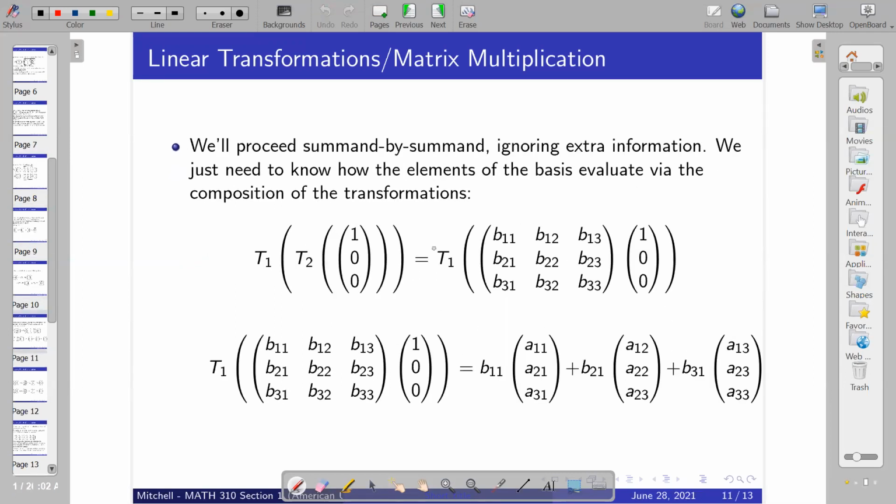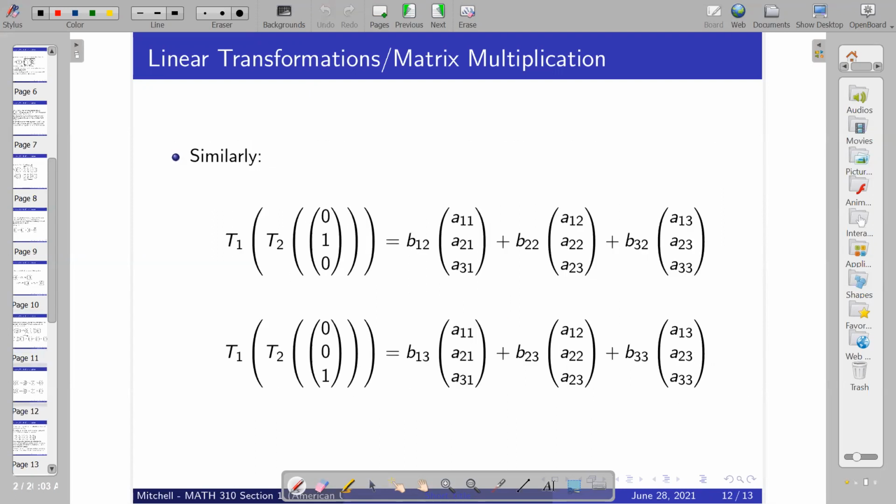So T2 of 1, 0, 0 is just left multiplication by this matrix. You can use the definition of matrix multiplication to eventually convince yourself that this implies this, but again, I don't want to delay too much. Some of these calculations are probably worthwhile to mess around with a bit on your own. So that's T1. Similarly, there's not a lot of difference in the approach, which is why I only did this one time.